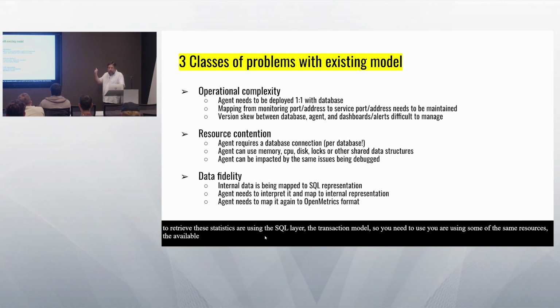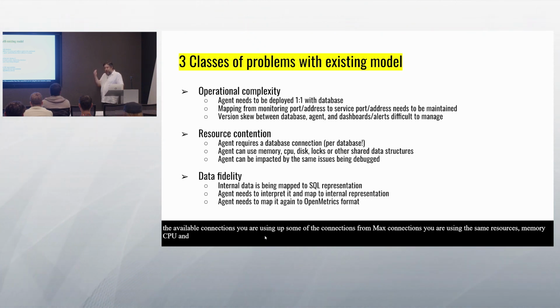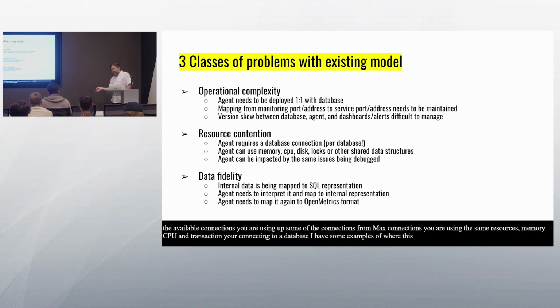You're using the same resources: memory, CPU, locks, and so on. You're connecting to a database, you're using transactions. I have some examples of where this actually causes problems for the monitoring and where the monitoring can actually cause problems for your application.